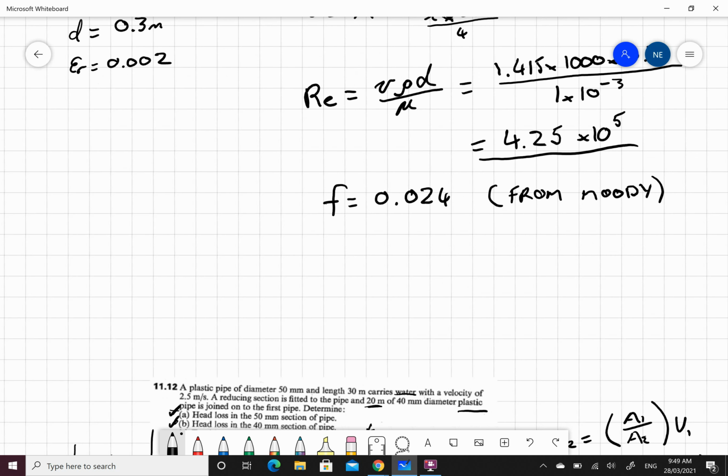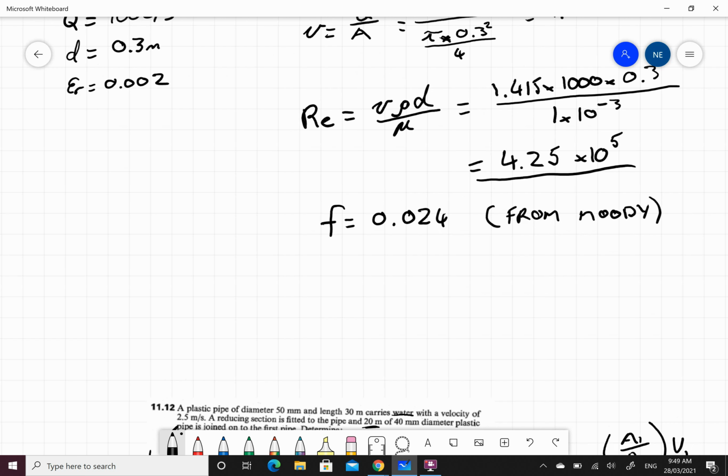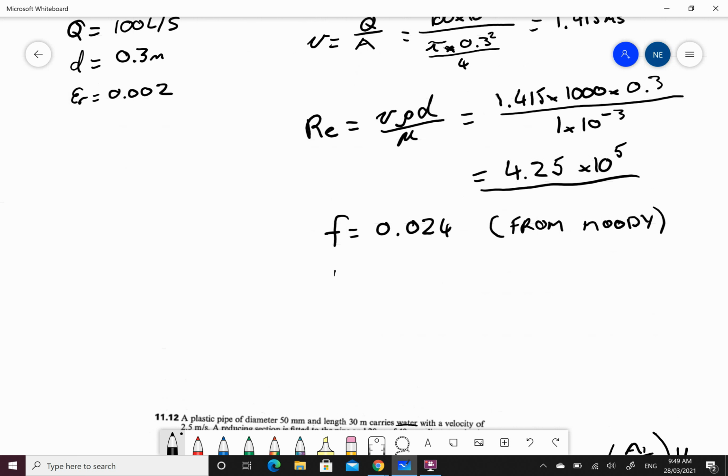Once I've worked out my friction factor, that's from last week, I can work out my head loss. HL is F L on D V squared on 2G, which equals 0.024.